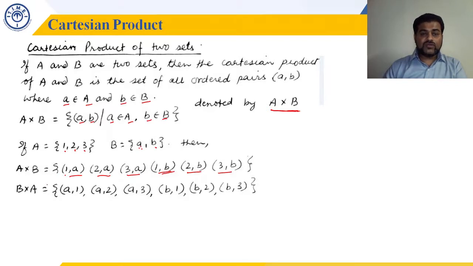Now B cross A is not the same as A cross B. In B cross A, you have to take the first element from set B and the second element from set A. Keep that in mind.